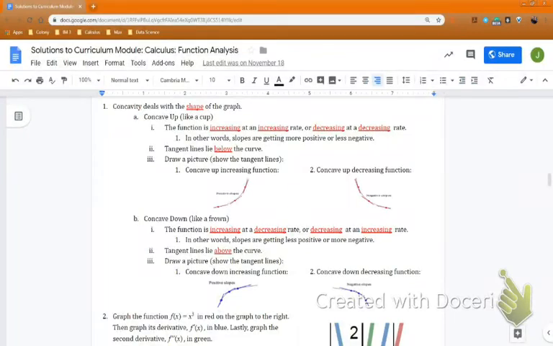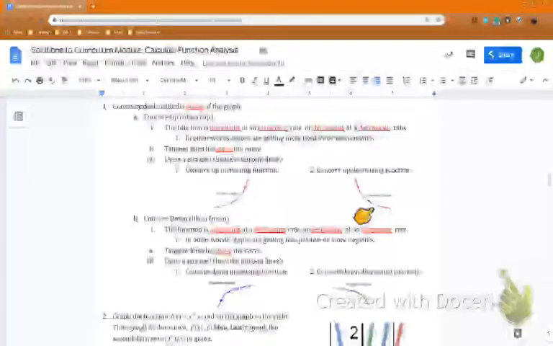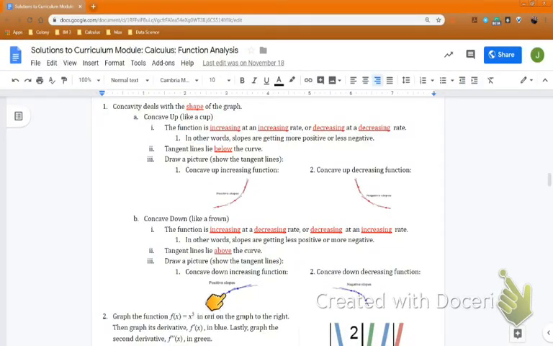Well, since concave up shows tangent lines below the curve, and concave down shows tangent lines above the curve, you can see that tangent lines being above or below has to do with the concavity. So because in this example they're telling us that the tangent lines are greater than the function, that would be that the tangent lines are above the function. They're lying above the curve.